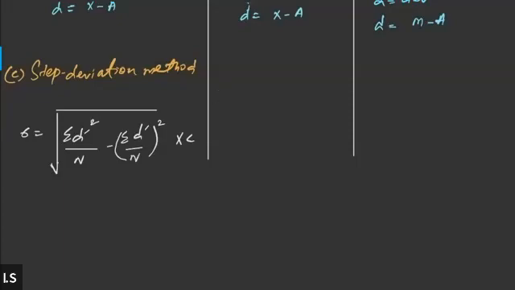Yes, sir. And as usual, this time the deviation, where now the thing is, sir, what do you mean by d dash? So d dash this time means step deviation. And to find the step deviation, we divide the entire value of d by the common factor. After calculating d, we will have to divide it by the common factor.